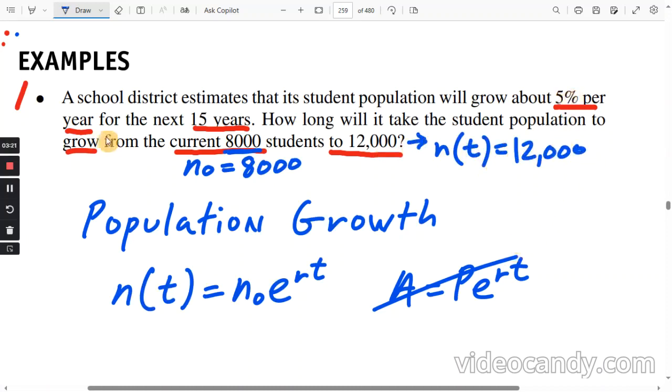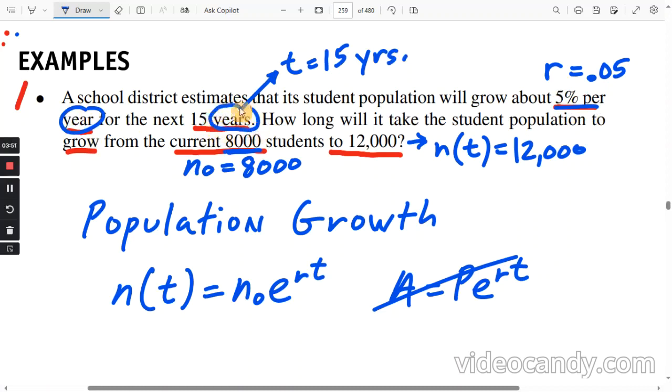All right, 5% per year is the growth rate. So 5% translated to a decimal is 0.05. And the time period is 15 years. So t is going to be 15 years. Remember, you want to make sure the units match for r and t. The growth rate is 5% per year, and the time is also in years.